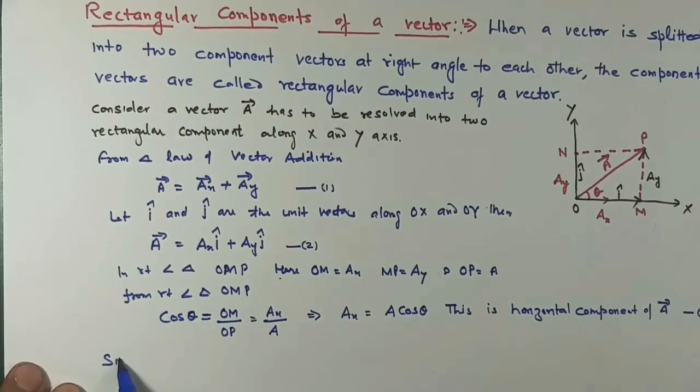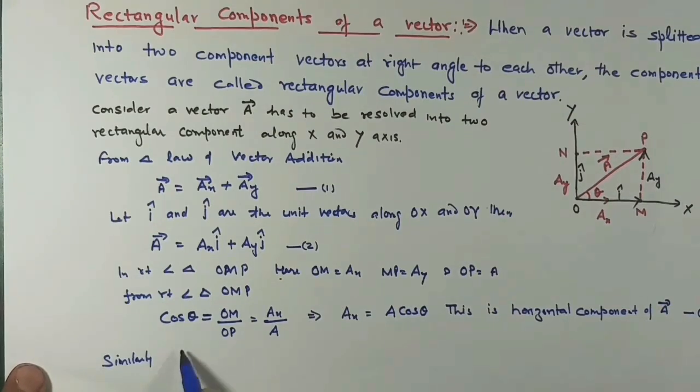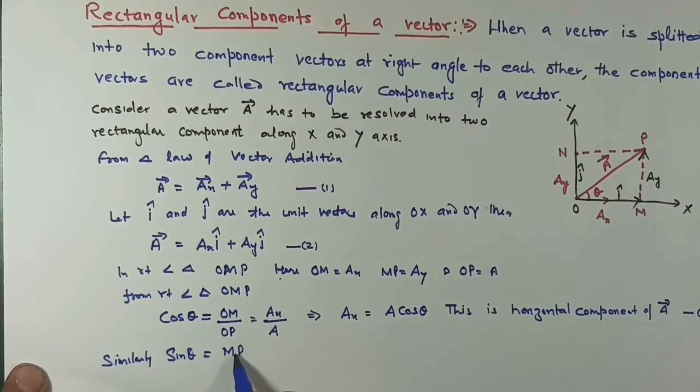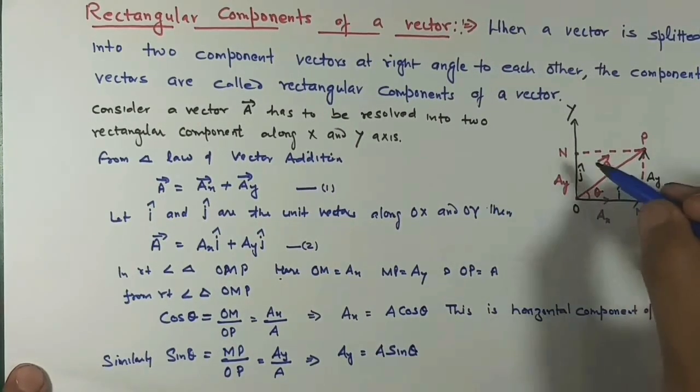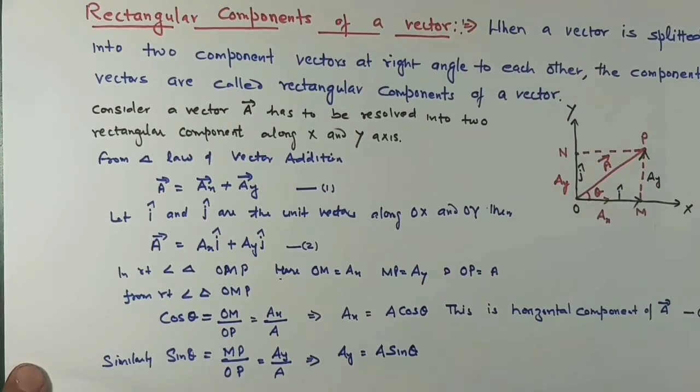Similarly, sine theta from this triangle perpendicular upon hypotenuse means MP upon OP becomes AY upon A, that is AY is equal to A sine of angle theta, and it is along the vertical direction, so this is called vertical component.